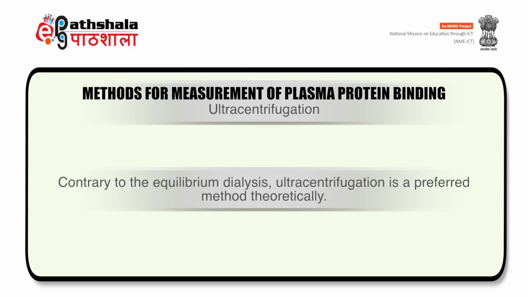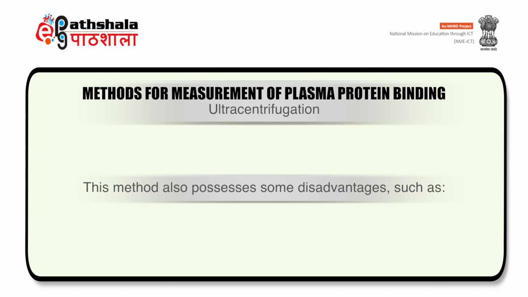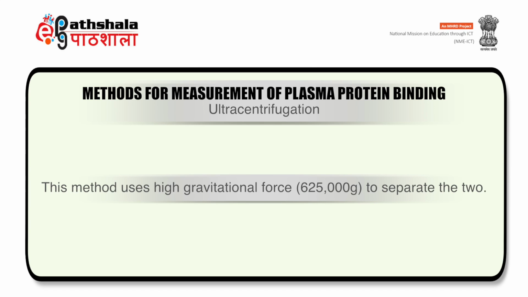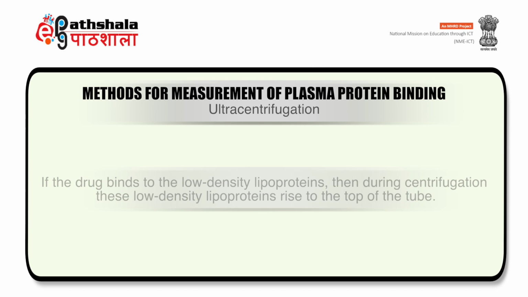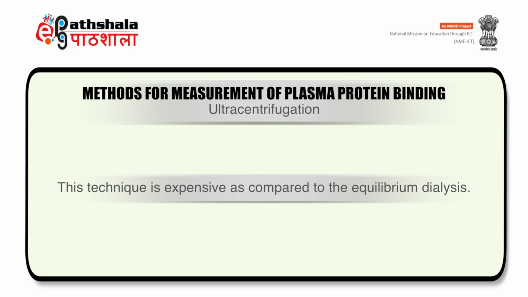Contrary to equilibrium dialysis, ultracentrifugation is a preferred method theoretically. This method also possesses some disadvantages: it is time consuming; if the drug binds to the low density lipoproteins, then during centrifugation these lipoproteins rise to the top of the tube; and thirdly, this technique is expensive as compared to equilibrium dialysis.